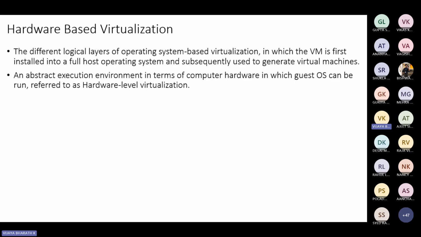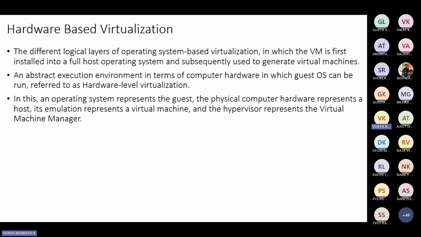You don't know what is running as the base hardware, and on top of that you run the guest operating system, which is called hardware-level virtualization. The guest OS will consolidate the hardware which is running under it.